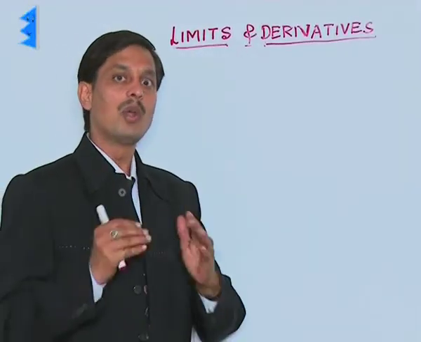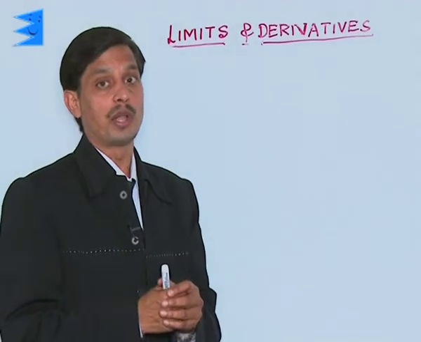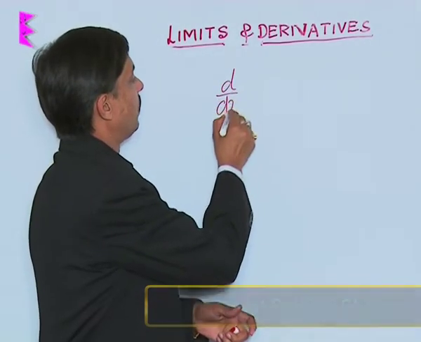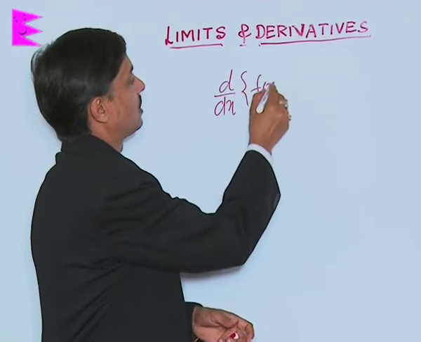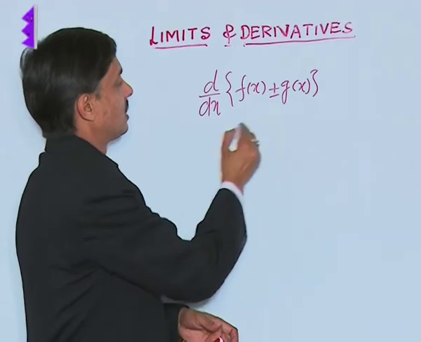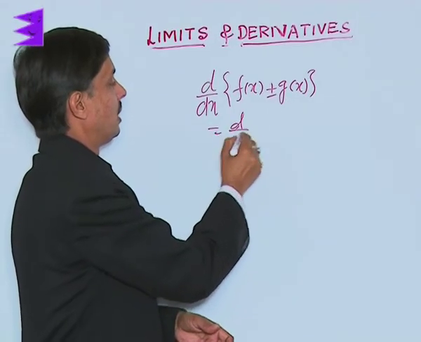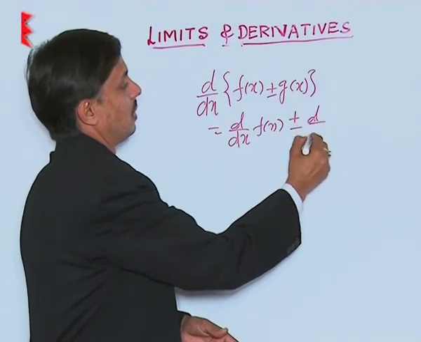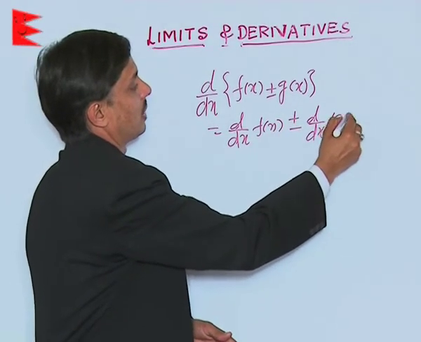Now I would like to tell you a few more important formulae. If the problem is the derivative of two different functions f(x) plus or minus g(x), the answer is so simple: it is the derivative of f(x) plus or minus the derivative of g(x).